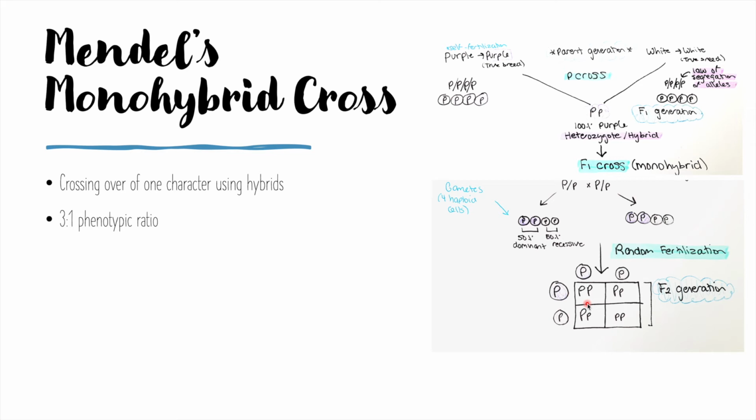The four possibilities make up the F2 generation. With this cross, 3/4 of the generation will be purple, and 1/4 will be white. Therefore, the phenotypic ratio is 3 purple to 1 white. In fact, the phenotypic ratio for all monohybrid crosses is 3 dominant to 1 recessive.